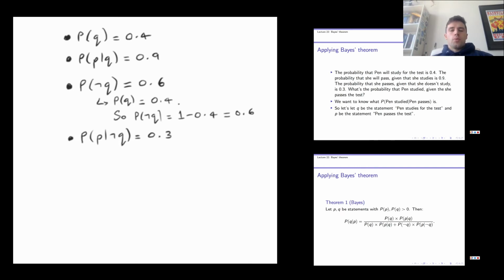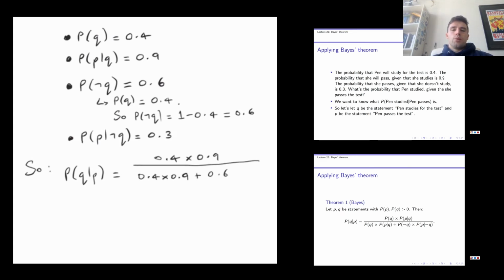So we have everything we need to calculate the right hand side, and if we substitute in everything we've worked out, we get this. P of Pen studied given that she passes equals 0.4 times 0.9, all divided by 0.4 times 0.9 plus 0.6 times 0.3.